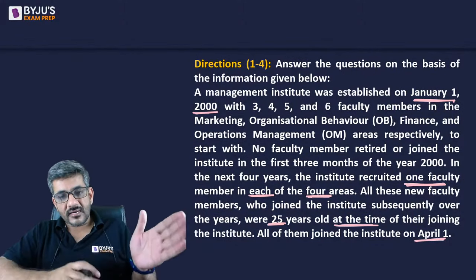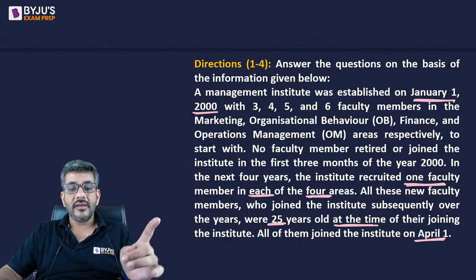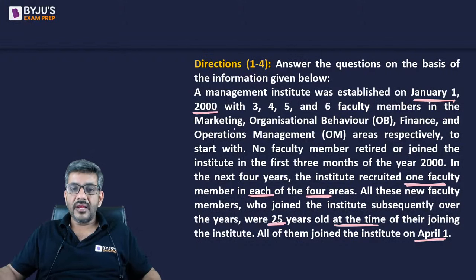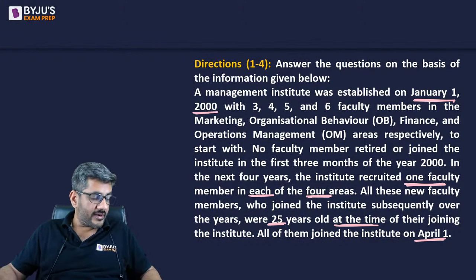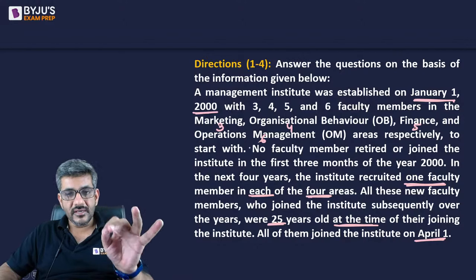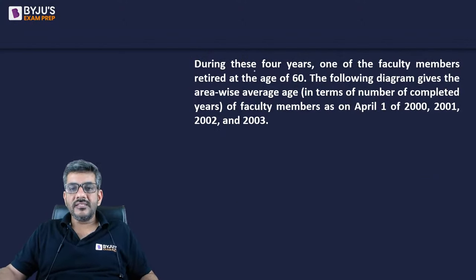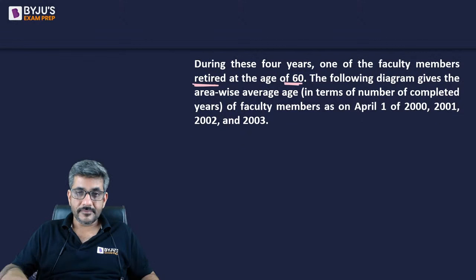Then in the subsequent years, he says one faculty member joined in each of the 4 areas, and the number of members in these 4 areas is already given to us as 3, 4, 5, and 6. These are the number of faculty members initially. During these 4 years, one of the faculty members retired at the age of 60.